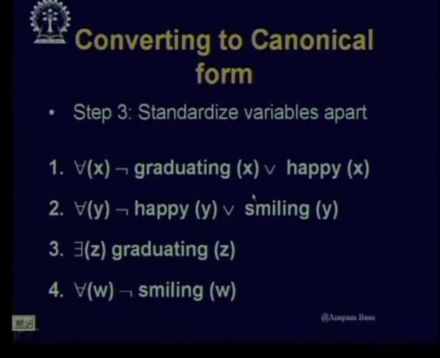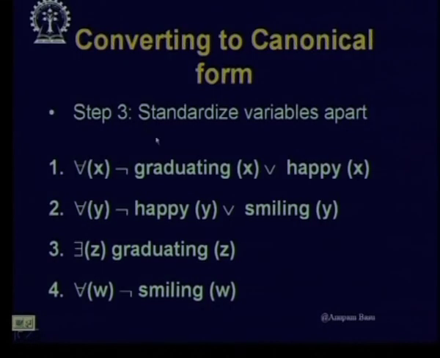Now, if there was a clause like say graduating x and happy y, in that case both x and y are reserved for that clause. In the other clauses we will have to use y, z, p, q, all those things, and only later, as we will see, we will try to see whether these variables can be compared or unified. You remember what we discussed about unification?